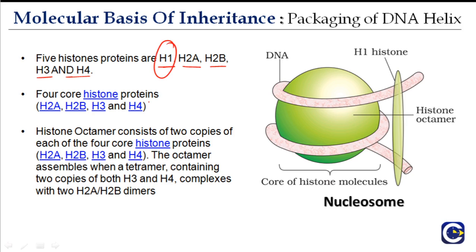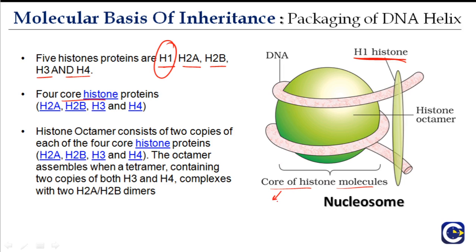Now if you look at this, here is the DNA, and this is the H1 histone. H1 histone is generally bigger and it binds to the DNA alone. The 4 core histone proteins, H2A, H2B, H3 and H4, form the core of the histone molecules.